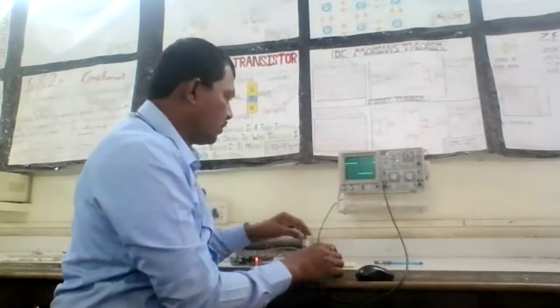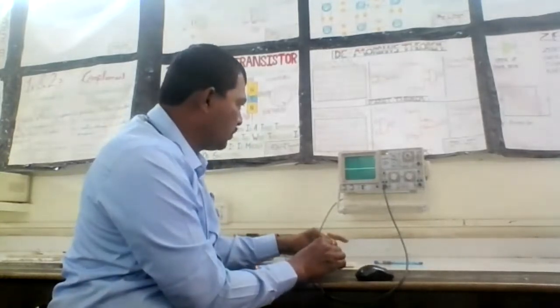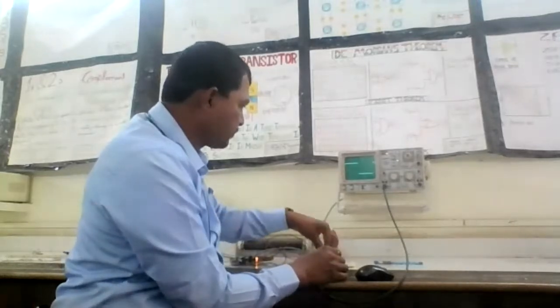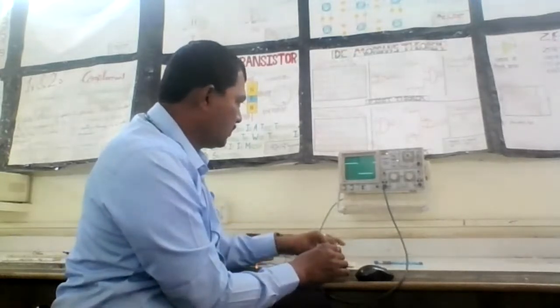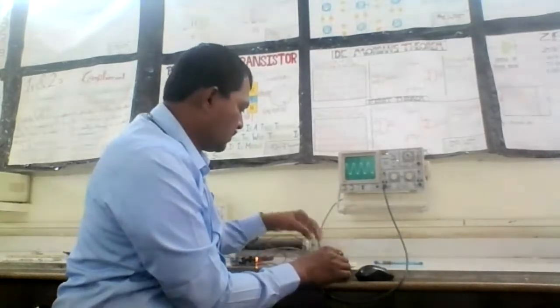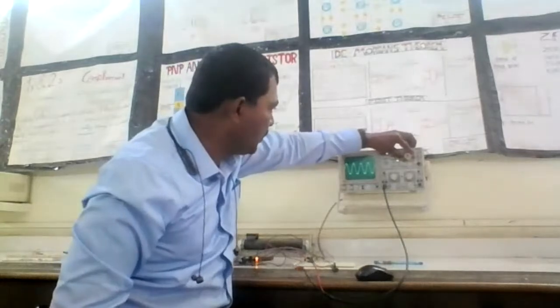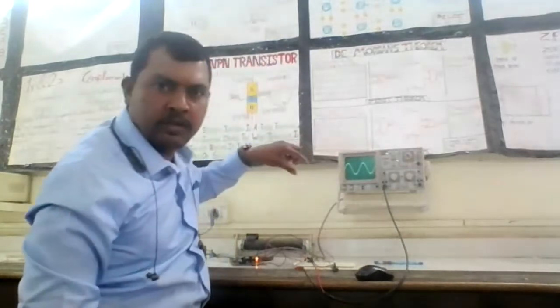Yeah. So it is showing you a wave. We have to adjust this to bring it to a sine wave. Yeah. So, yes, I guess it is visible. So we have a sine wave over here, as you are able to see.